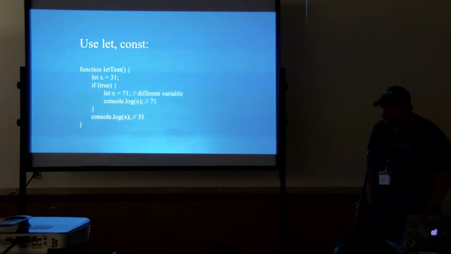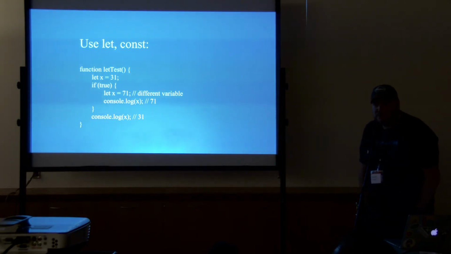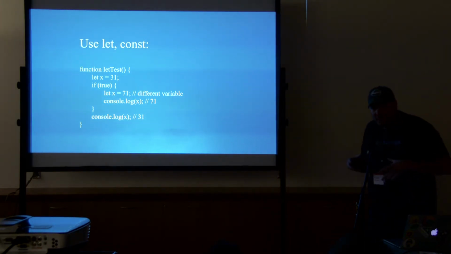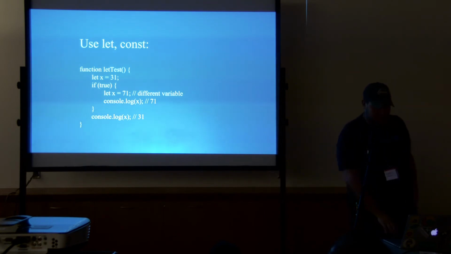The cool thing about let is that it is block scoped, meaning that you're declaring a variable x that has the exact same name, but it's not interfering with the one outside of the brackets because you use let instead of var. So when you console log that one, you get 71, and when you console log the other one, you get 31. It's very cool. It helps you to limit the mutability of those variables, so it helps you to keep the things that are mutable really well contained.